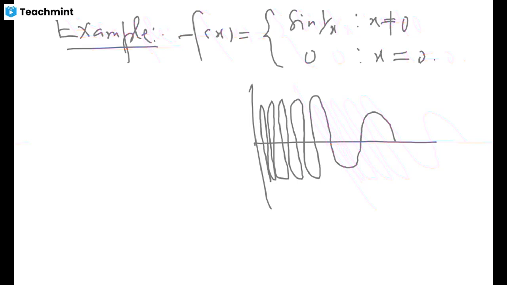When x comes close to 0, it attains its extremes too fast.